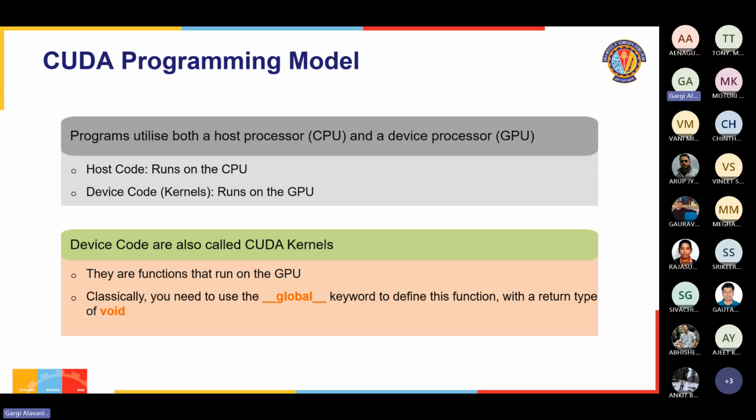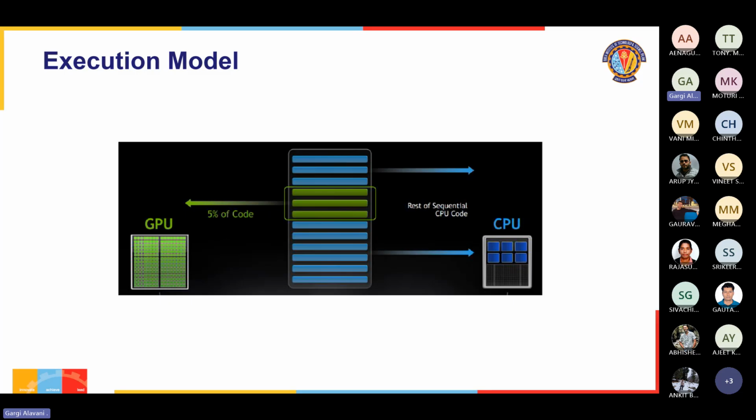Now, coming back to the CUDA programming model, it has a function which is called global. This global function is the one that executes on your GPU. We'll come back to it.